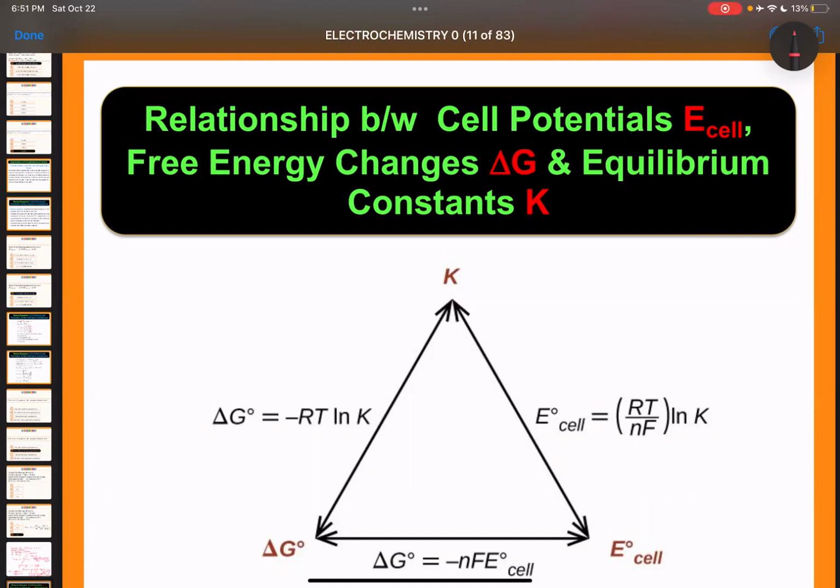Just now we have seen the Nernst equation that you know. E cell will be equal to E naught cell minus 0.0591 upon n, log of reaction quotient.